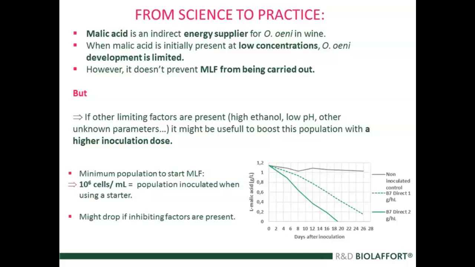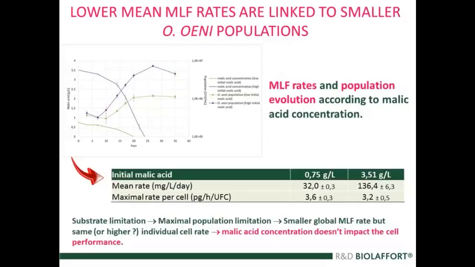The minimum population to start malolactic fermentation is 10 to the 6 cells per mil. Okay. This is, for example, the population you have when you inoculate with a starter. But you always have a little drop. And let me go back to this slide here.